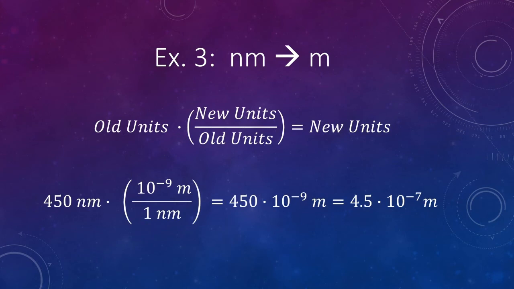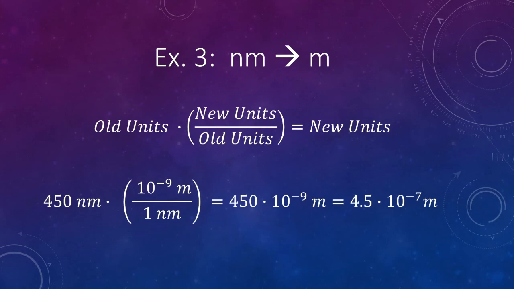Nano is 10 to the minus 9, so for every 1 nanometer, there are 10 to the minus 9 meters. Regular meters are on top because those are the new units we want. Nanometers are on bottom because those are the old units we want to get rid of. And if we do that multiplication, we're left with 450 times 10 to the minus 9 meters, which reduces to 4.5 times 10 to the minus 7 meters.